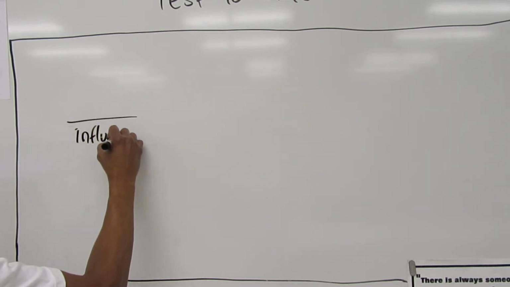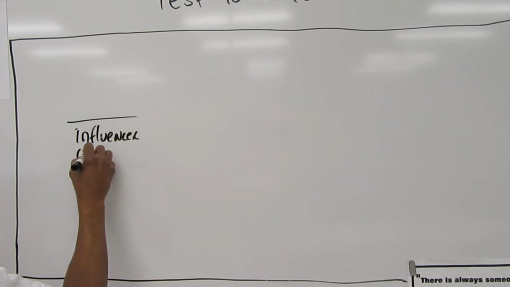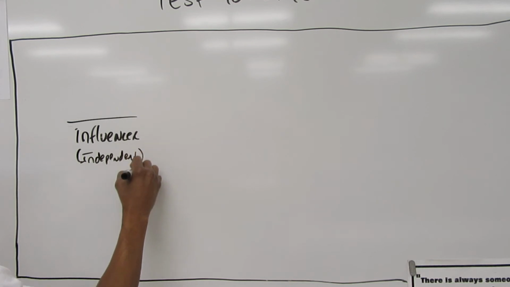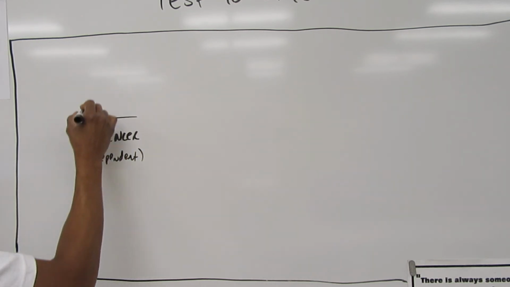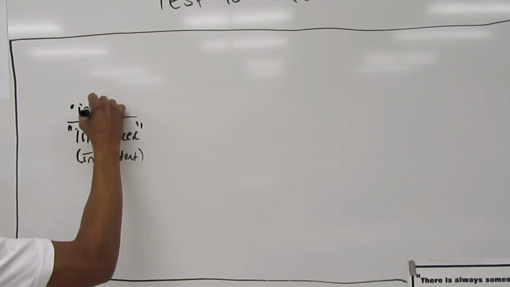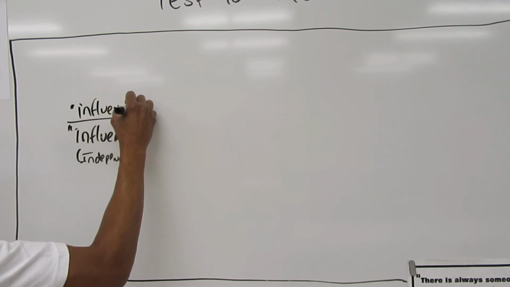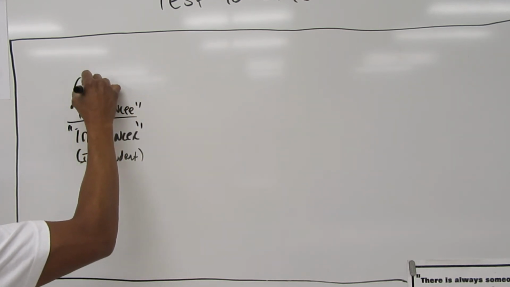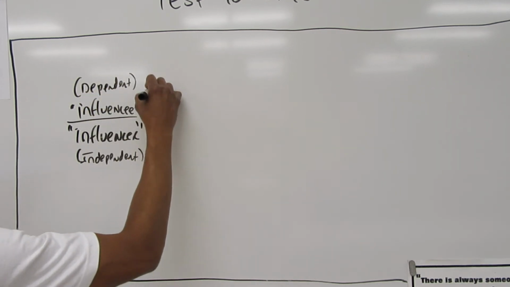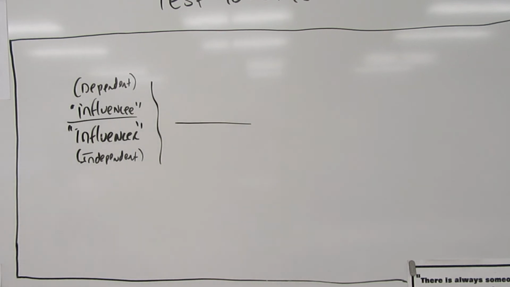influencer or independent, okay, as independent of the other thing. And then our influencee as in our dependent. Okay, so as we look at that one, it says that when I return a chicken, I get one card.